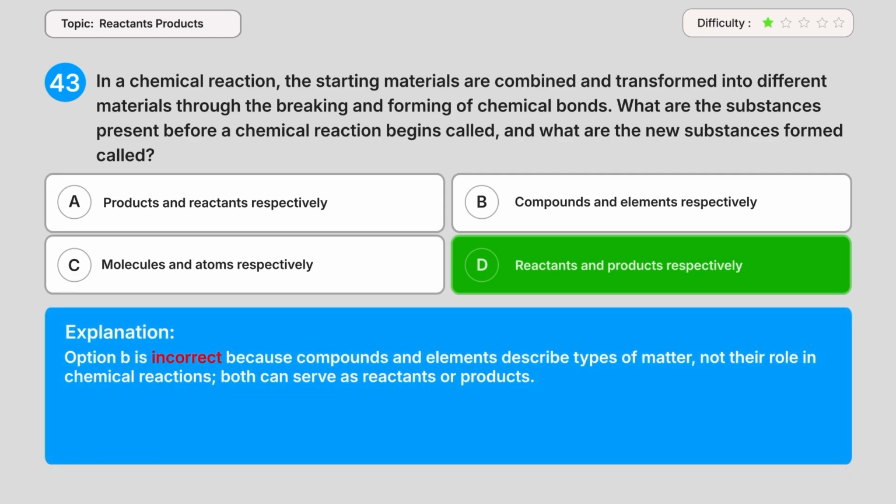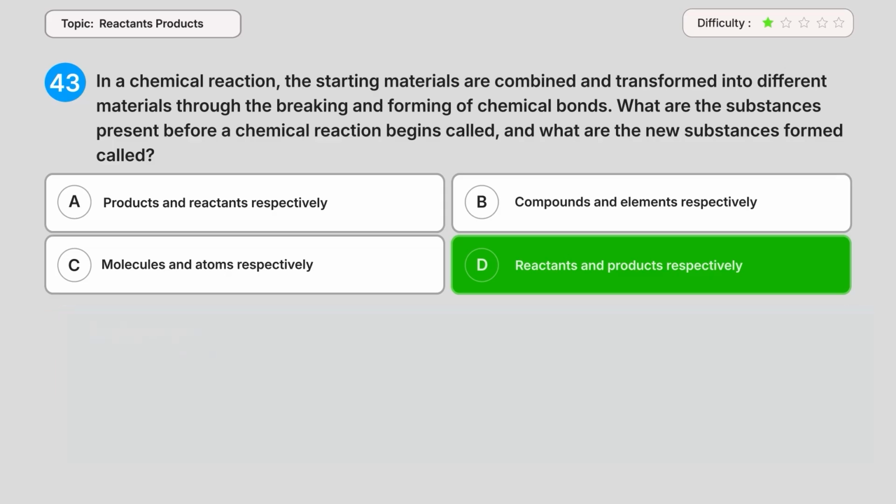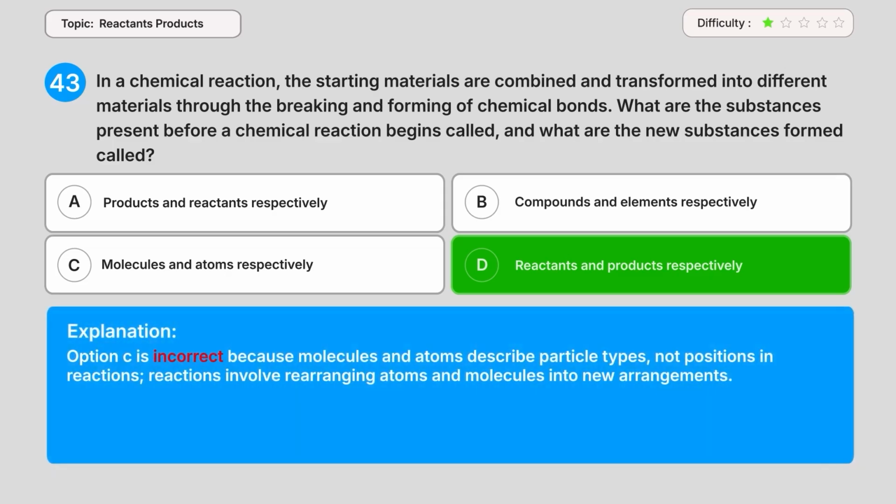Option B is incorrect because compounds and elements describe types of matter, not their role in chemical reactions. Both can serve as reactants or products. Option C is incorrect because molecules and atoms describe particle types, not positions in reactions. Reactions involve rearranging atoms and molecules into new arrangements.